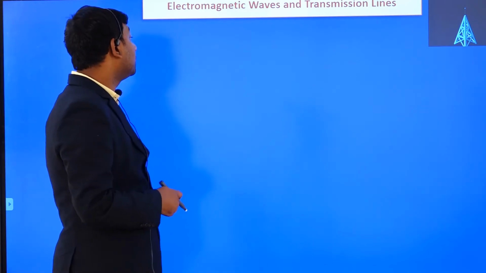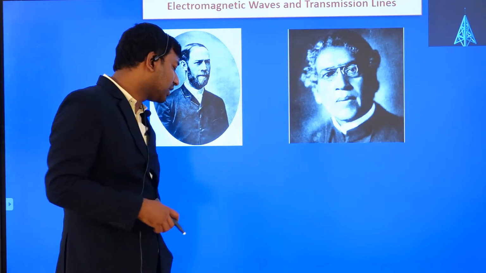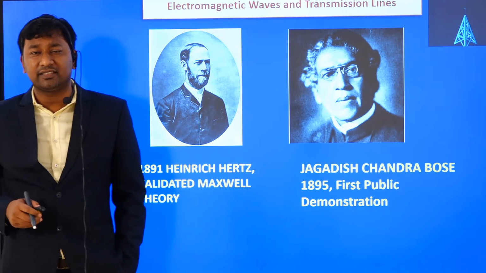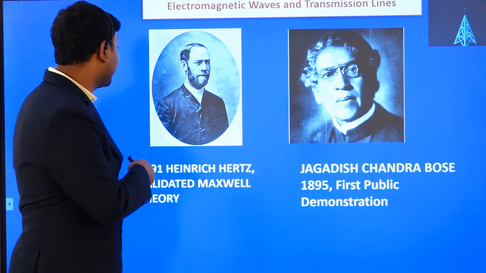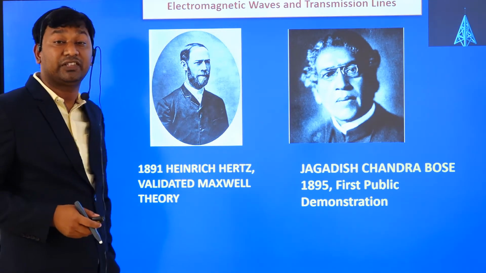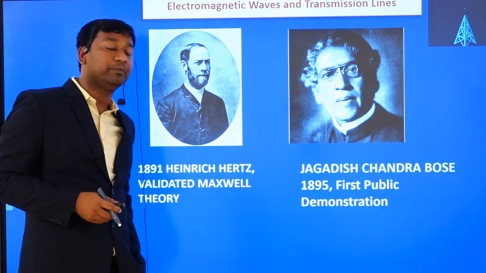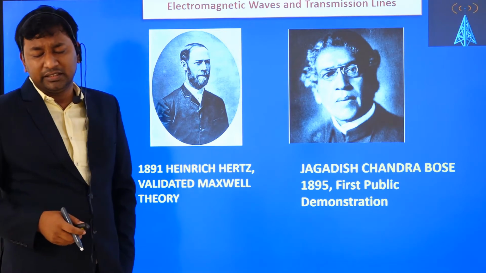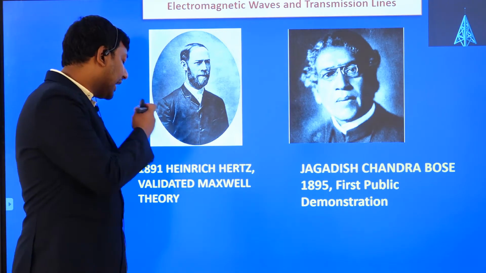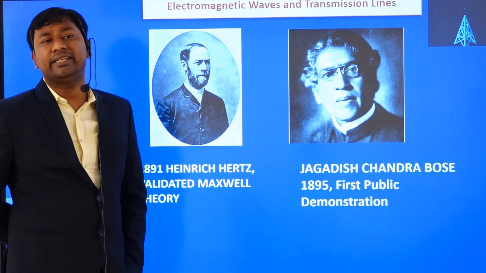Okay, now we come to two great scientists. The first one is Heinrich Hertz. We know the unit of frequency is hertz; based on his name the unit of frequency came. In 1891, Hertz validated Maxwell's theory.